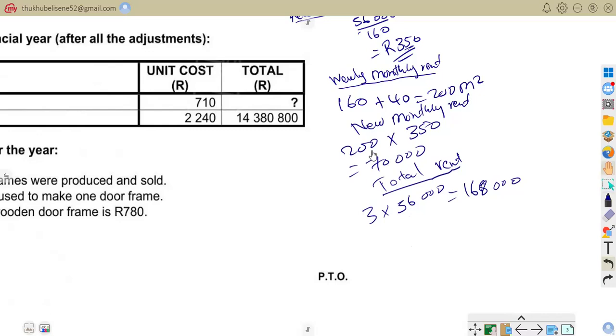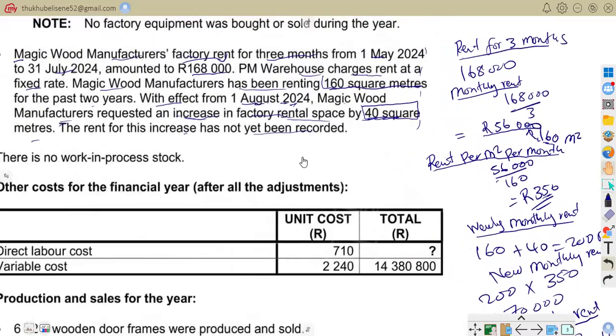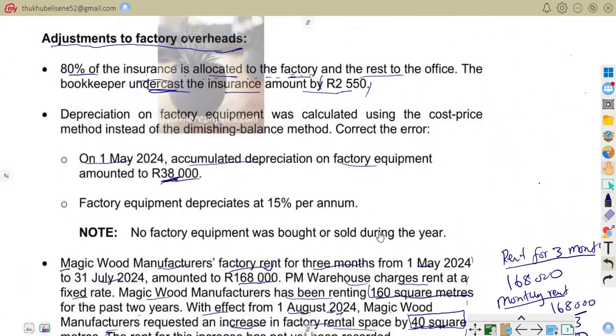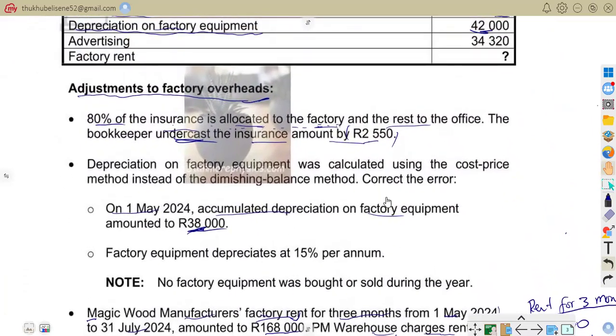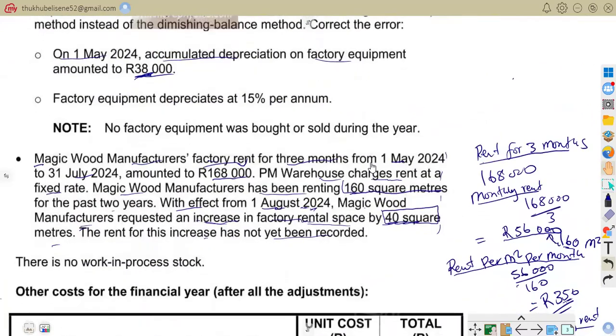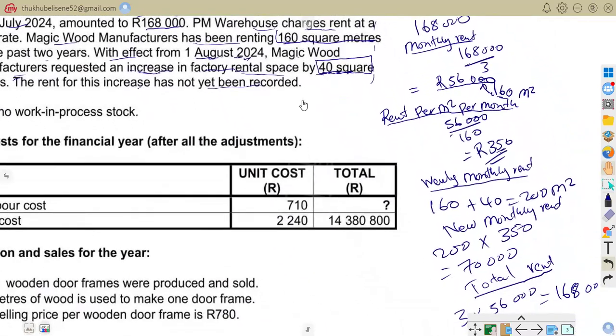Now we were told that from August 2024 to the end of our financial year, which is 30 April 2025, it's 9 months: August, September, October, November, December, January, February, March, April.